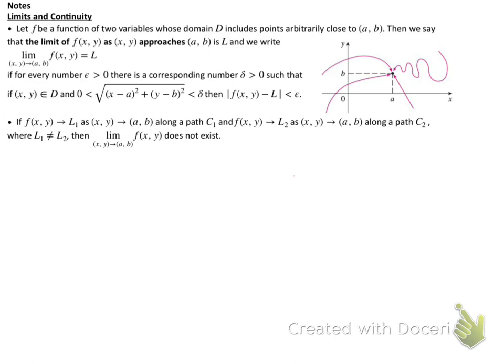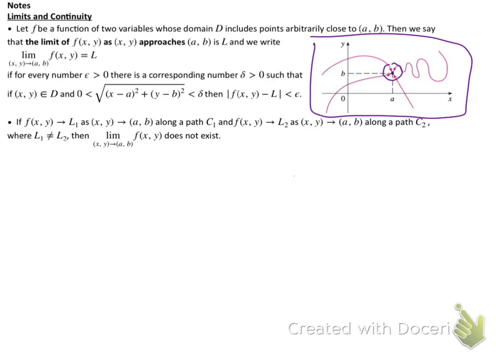But it is easy to see that if you have two paths approaching the terminal point (a, b), as illustrated on this graph, then when the point is close enough to (a, b), all the values of the function will fall very close to L. But there are many ways you can get to (a, b) inside this ball.